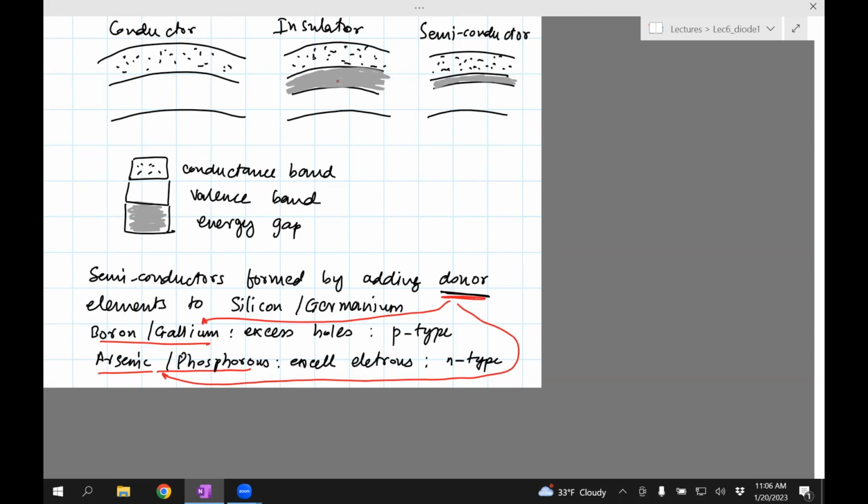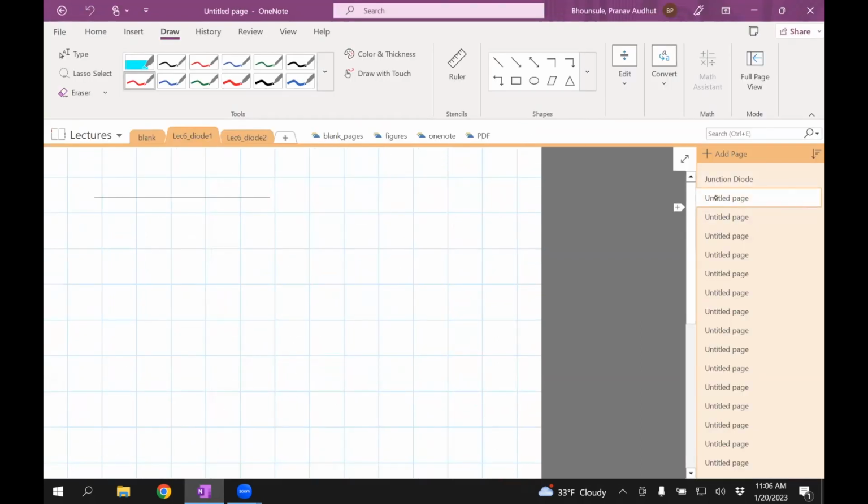Now let's look at how exactly a junction diode looks at the atomic level. We'll do it for a little bit, and then we'll just think of it in terms of circuit symbols. Okay, so how do you create a junction diode at the atomic level?